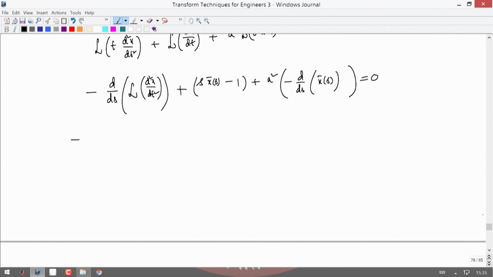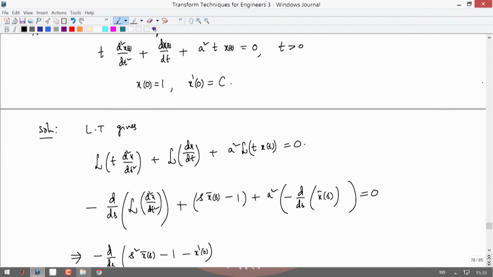So if you actually do this, this is equal to minus d/ds of the Laplace transform of the second derivative, which is s² x bar of s minus x at 0, that is 1, minus x dash at 0, which you have taken as any constant c.